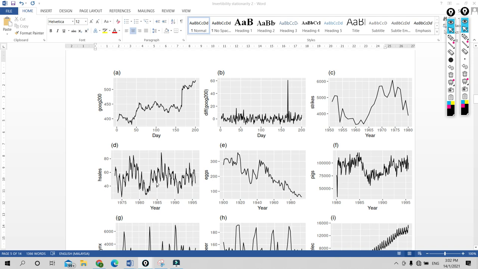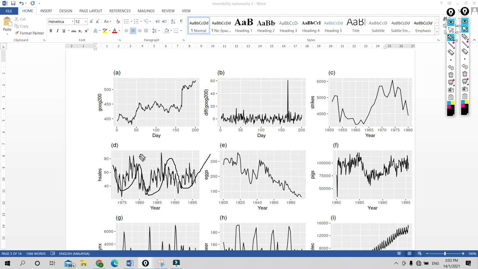Okay. Now for this case, D here, we can see that the data has a little bit of fluctuation. So it goes down and goes up, goes down, goes up, goes down, goes up. So here the variance is not consistent.